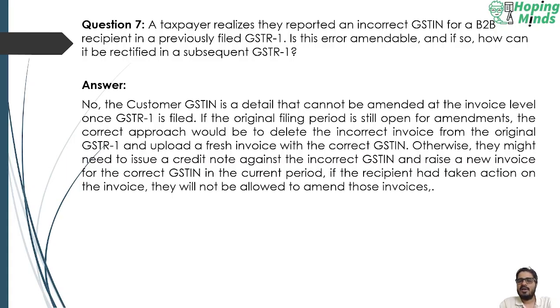The correct way is to issue a credit note against the said invoice and issue a fresh invoice with the correct details of the recipient in the subsequent period. But if the recipient has not taken any action, then GSTR1 can be amended, and the GSTIN of the recipient that has been inadvertently punched in the GSTR1 return can be amended in the subsequent period GSTR1 return.